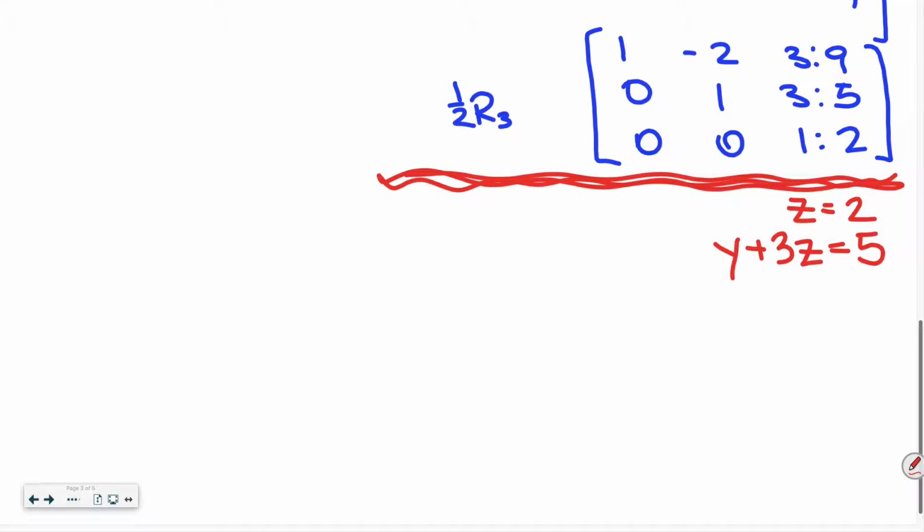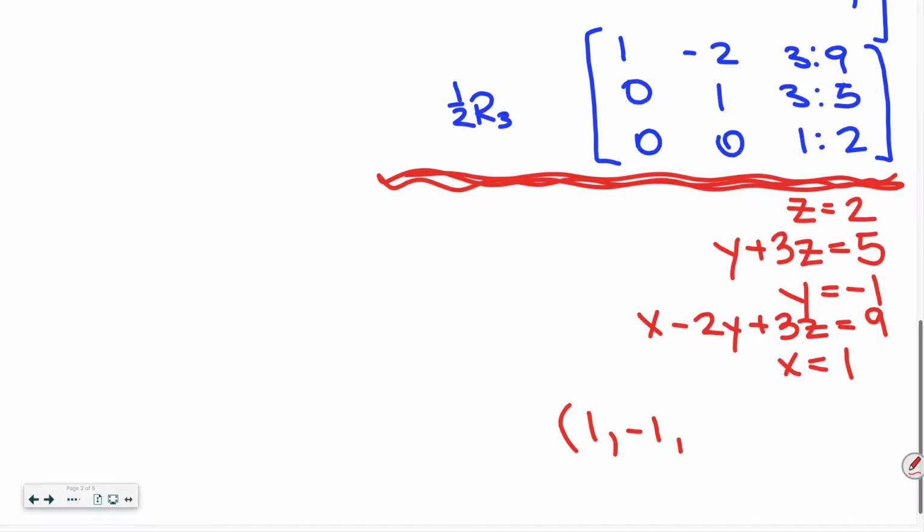What's y? y is negative 1. This row up here would mean x minus 2y plus 3z equals 9. So if that represented a system, 1, negative 1, 2 would be our answer.